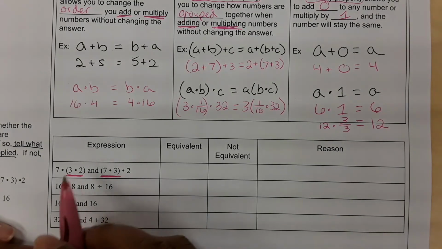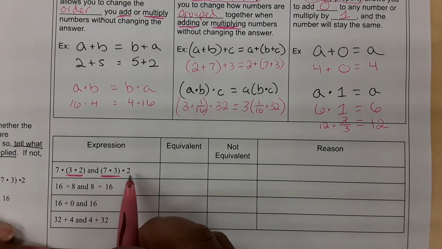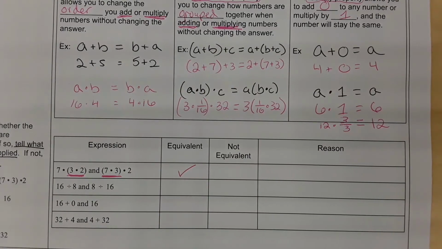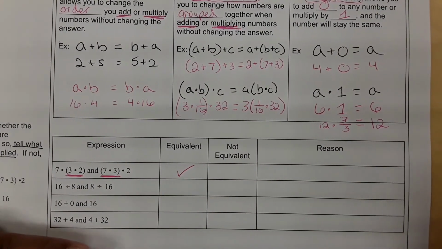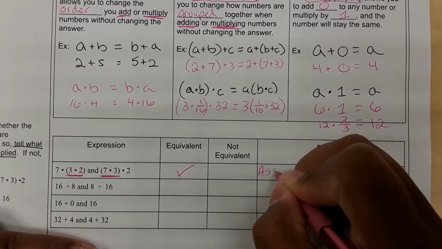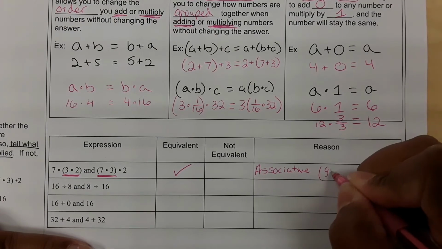When I multiply this, it would be 6 times 7 for 42, and this would be 21 times 2 for 42, because they have the same value. Excuse me, they are equivalent, and the reason is we can see that the associative property was applied. We know that it was a grouping change.